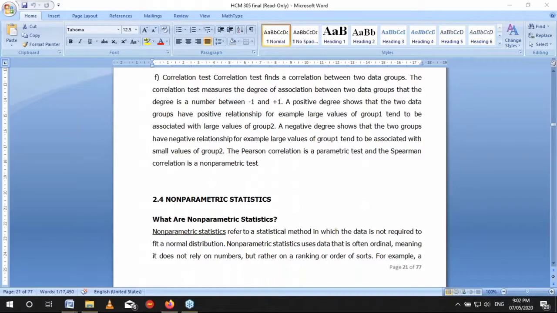Some research terms that we need to understand, like research question. A research question is an answerable inquiry into a specific concern or issue.